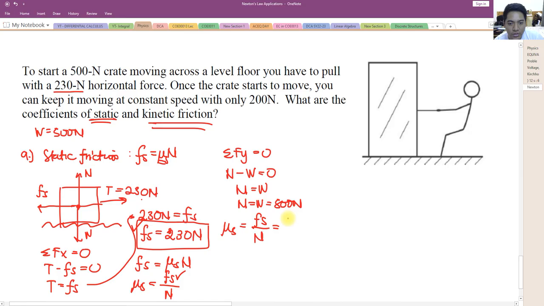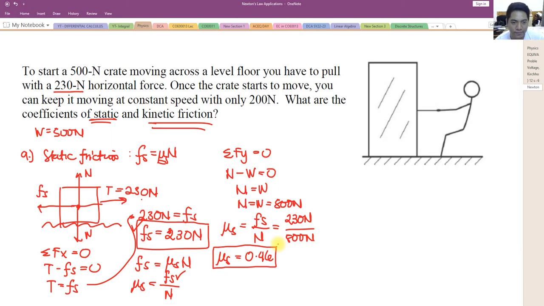So we have the static friction of 230 newtons all over 500 newtons for the weight. So the coefficient of static friction will now be 0.46. So that is just about before the crate starts to move.